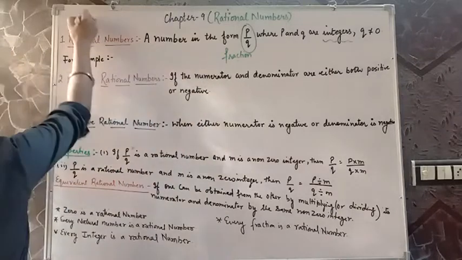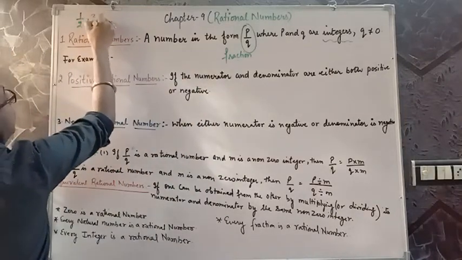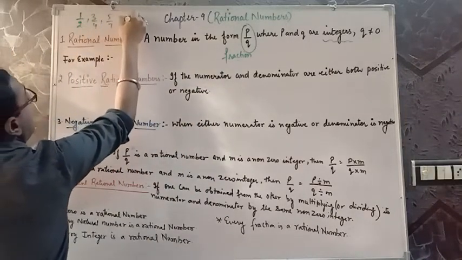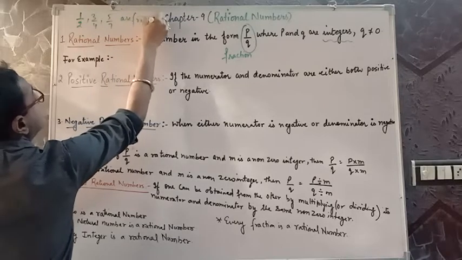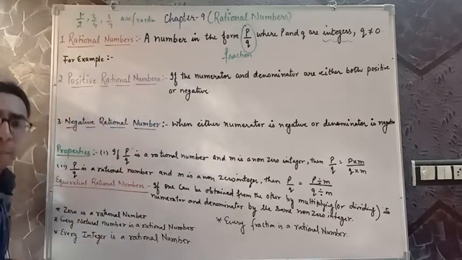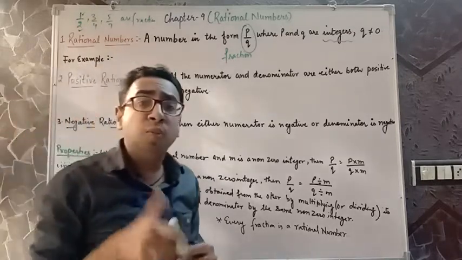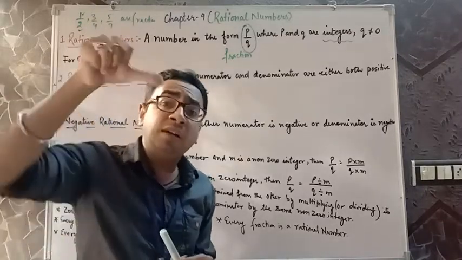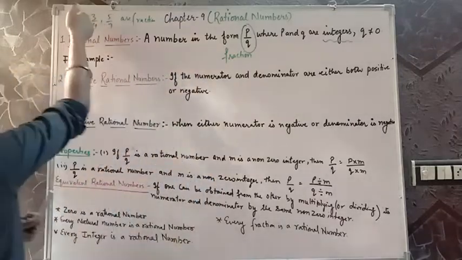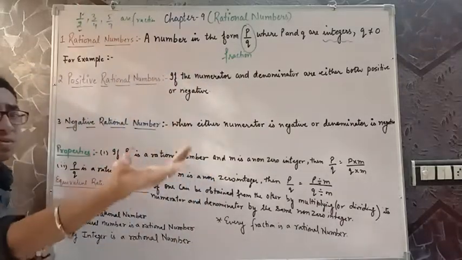If I'm writing 1 by 2, 3 by 4, 5 by 7, they all are fractions. Why? Because the numerator means the upper part, and the denominator means the lower part. So their numerator and denominator are natural numbers.